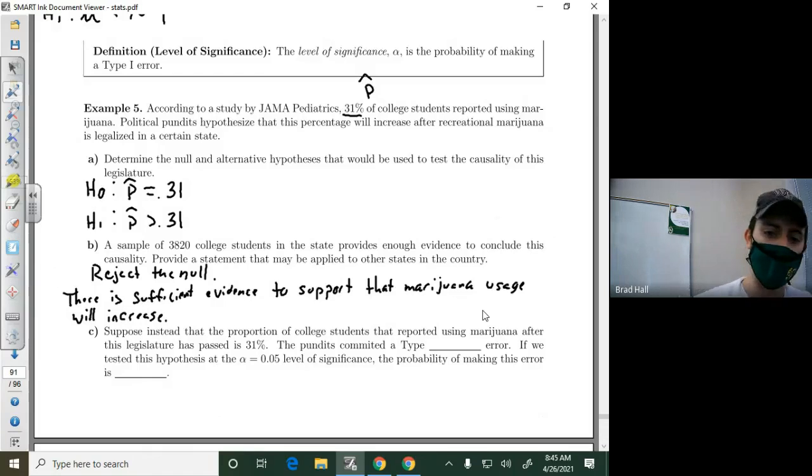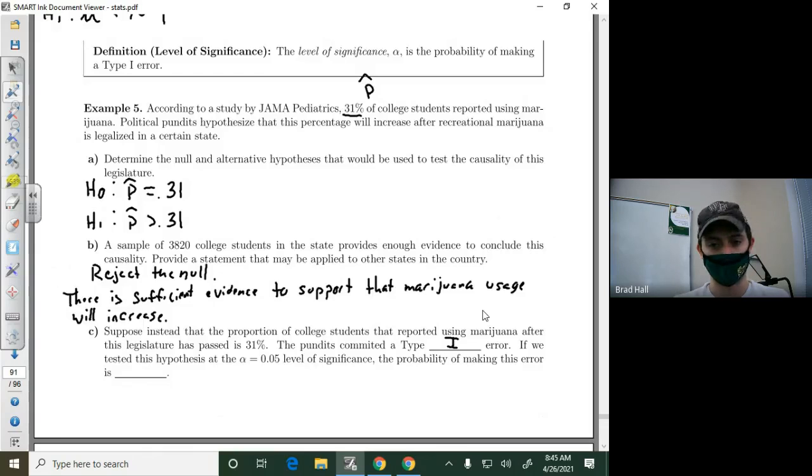This all pertains to a type 1 error, because they thought that the percentage staying at 31% was wrong, but it ended up being true. So they rejected the null hypothesis, but the null hypothesis ended up being true after all.